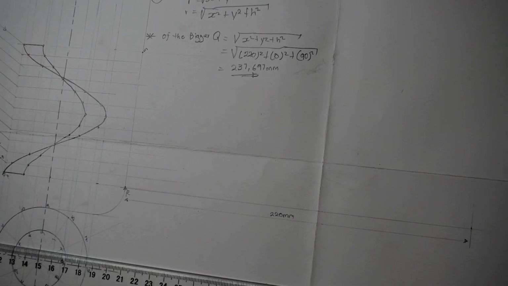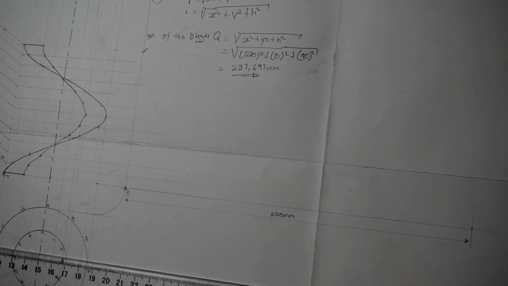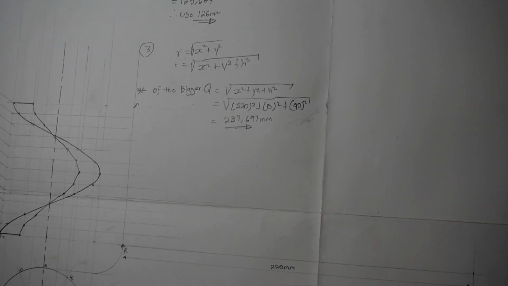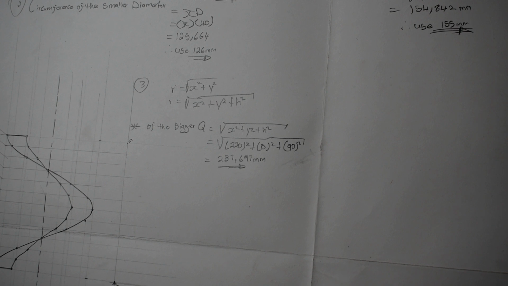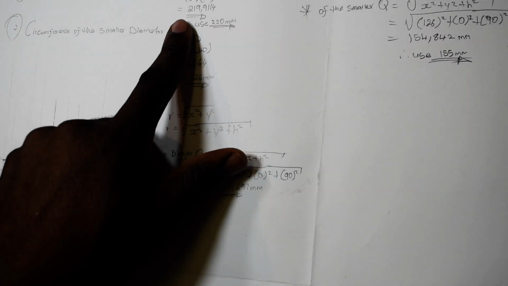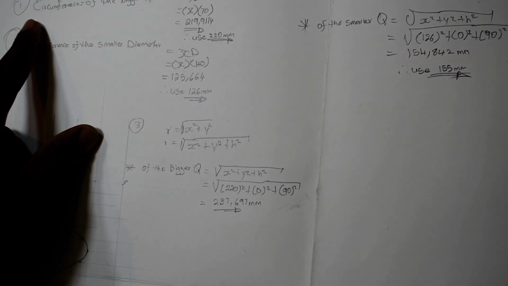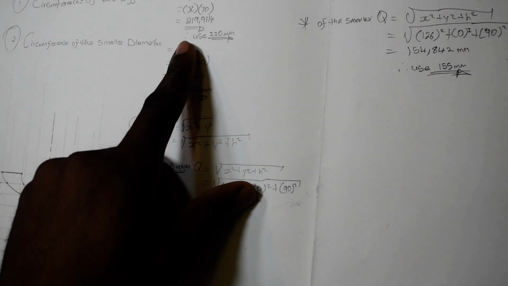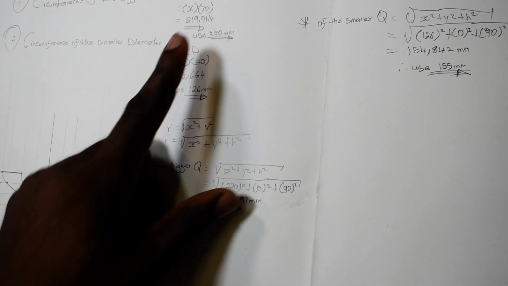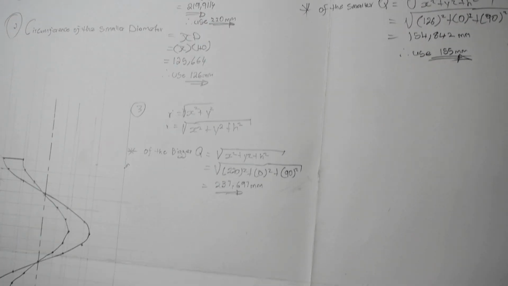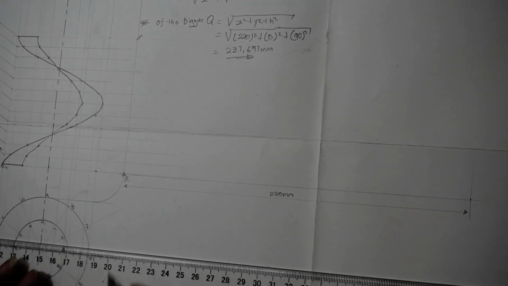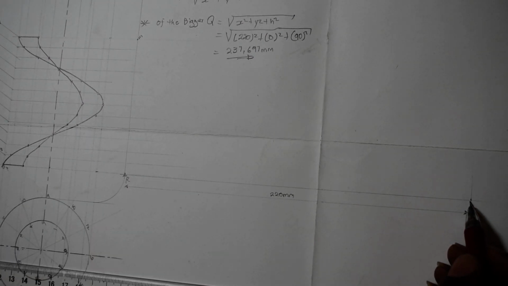So it's 220 millimeter. This 220 is for the circumference of the bigger cycle, the one that we calculated in our step 1, 219.9114, which you rounded off to 220. So you record it from R, you get it there.